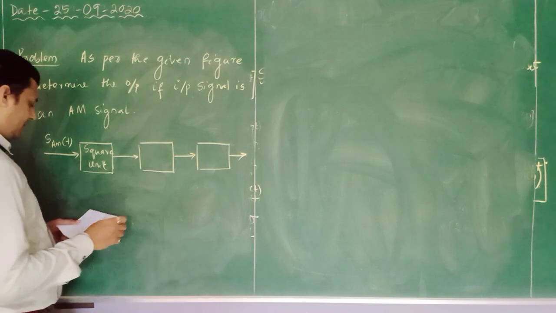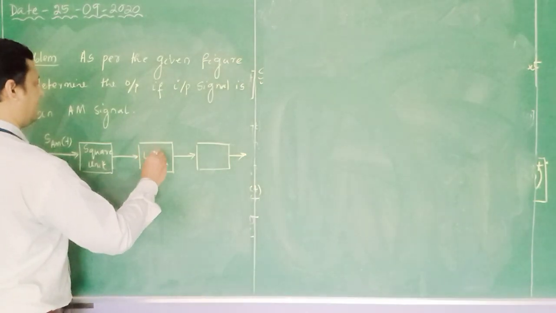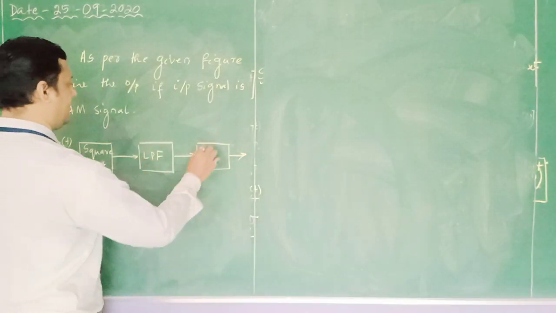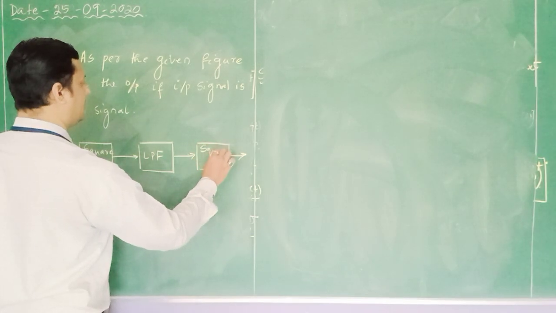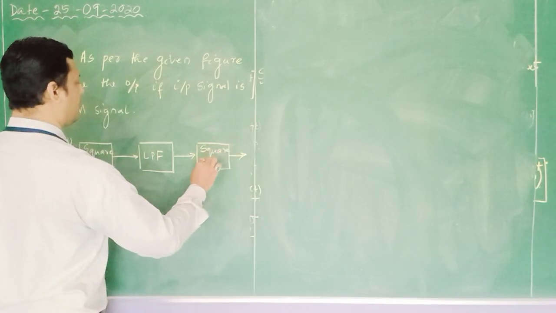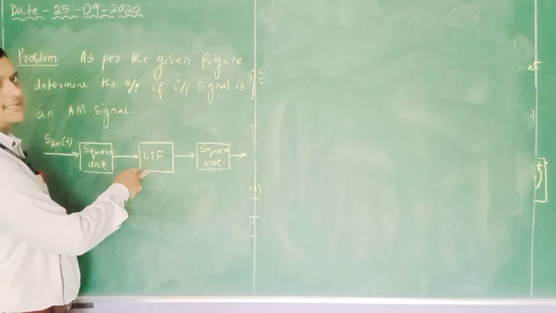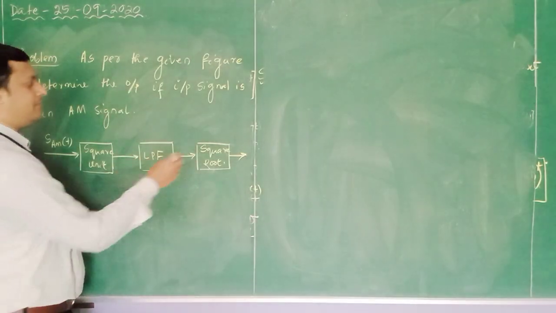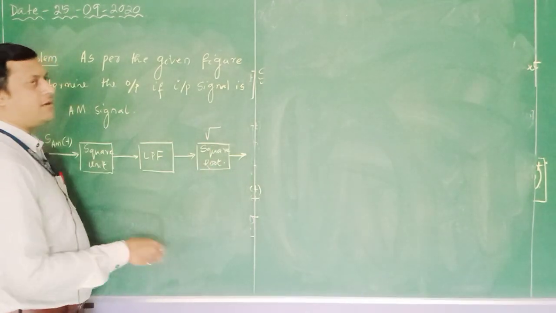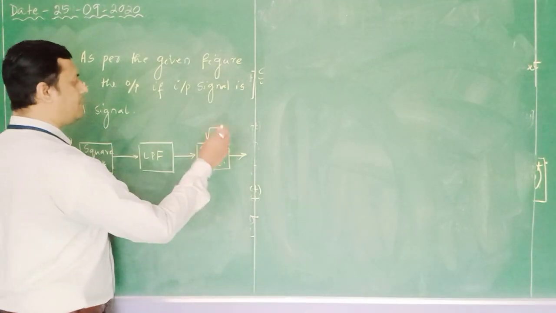After that, it passes through an LPF and then through the square root. Whatever signal we get at the output of the LPF, we simply take the square root of it, and then we have to determine the output.